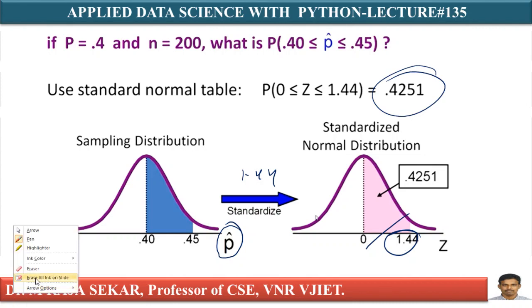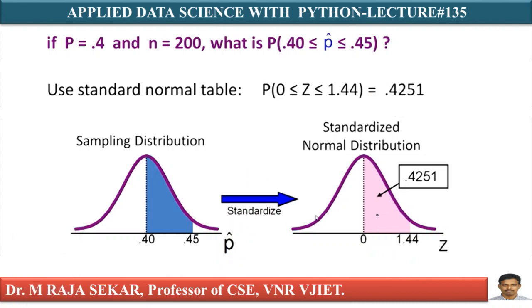This is the area under the standard normal curve, and that area indicates probability. Therefore, the probability of the sample proportion being between 0.40 and 0.45 is 0.4251. Otherwise, 42.51% of people are between 0.40 and 0.45. Isn't it? It's a simple thing.